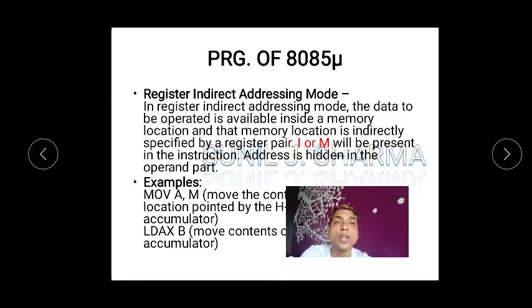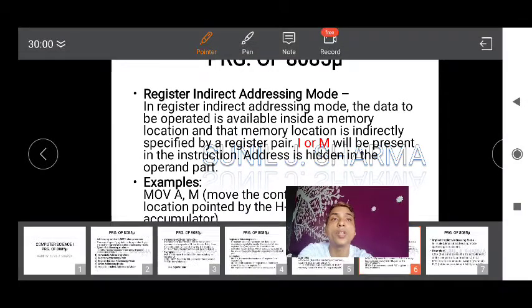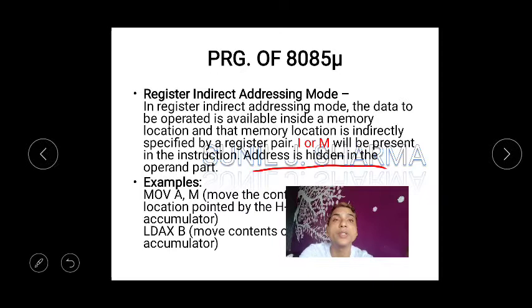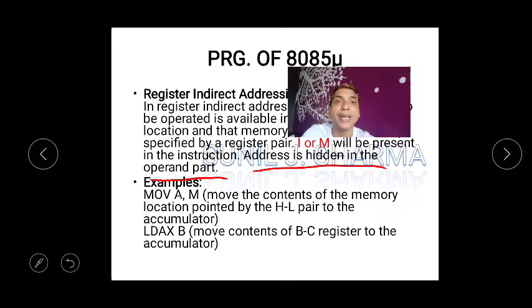So we don't have a direct address here, the address is hidden. The address is hidden in the operand part, which means it is indirect, and you will not come to know where the address is.